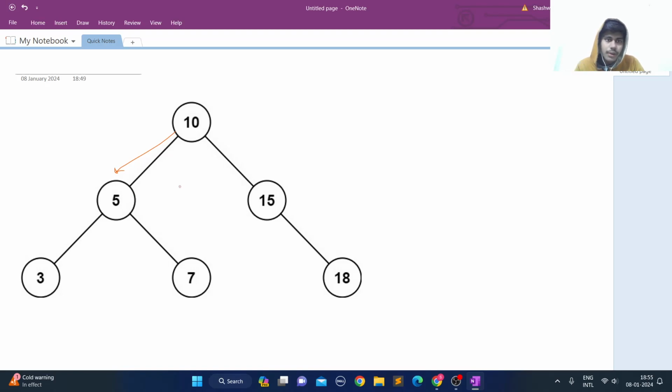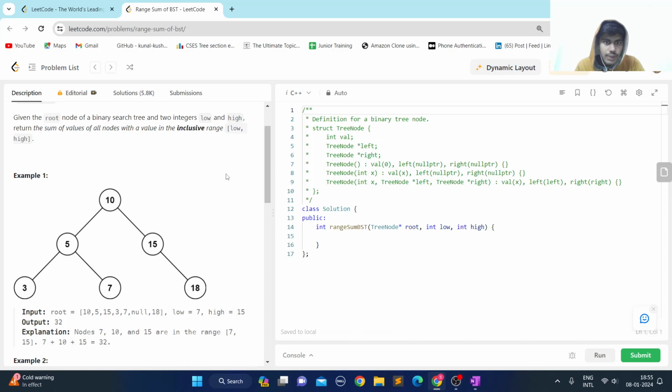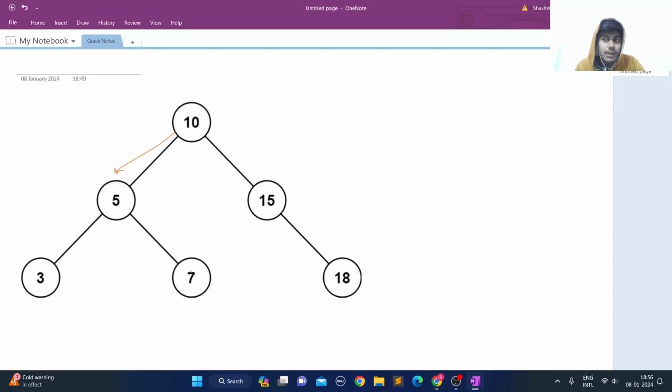If you go to the right hand side, then there are chances that you can reach the lower mark or greater than that, because after all, we need to just look at the range. It is 7 till 15. So 7 can be in that range, and we are going to the left hand part of 10. So there are chances that numbers lesser than 10 but greater than or equal to 7 are there. They must be there.